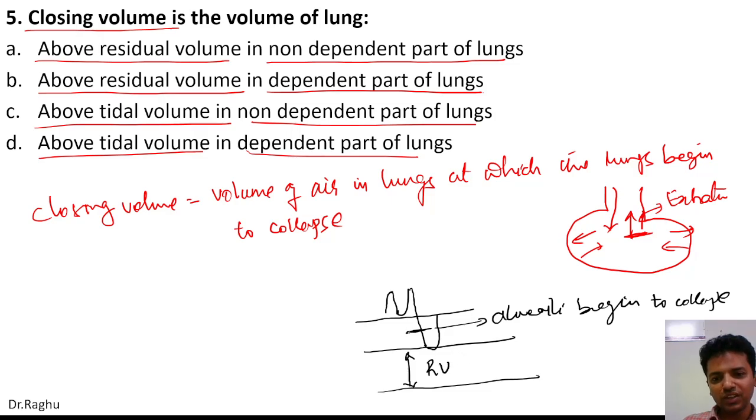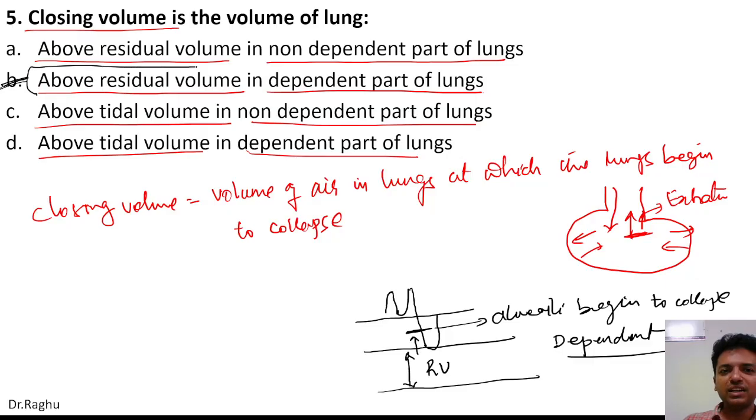So when do you think the alveoli begin to collapse? Alveoli begin to collapse above the residual volume. And this collapse is more prominent in the dependent parts of the lungs rather than in the non-dependent parts of the lungs. So closing volume is the volume of the lung above the residual volume in the dependent parts of the lung.